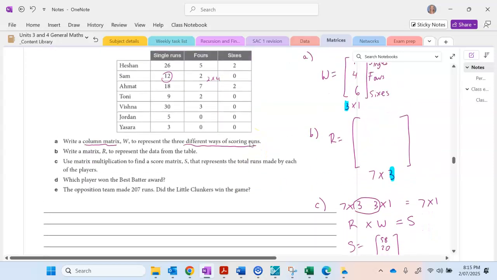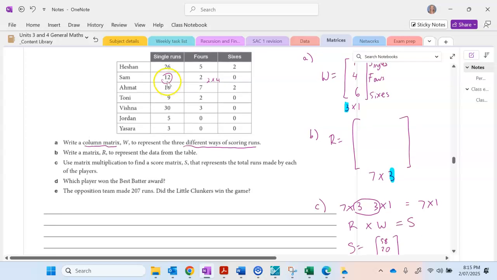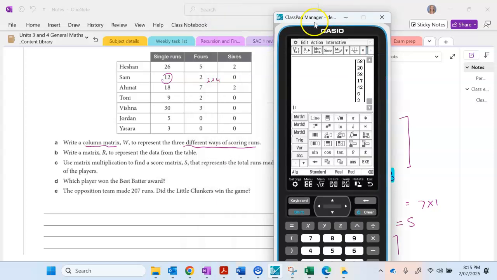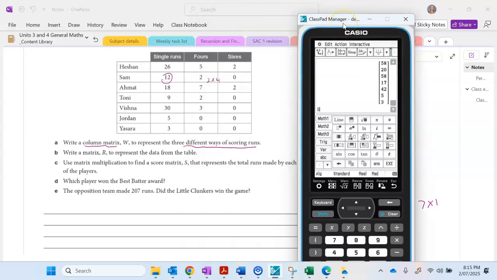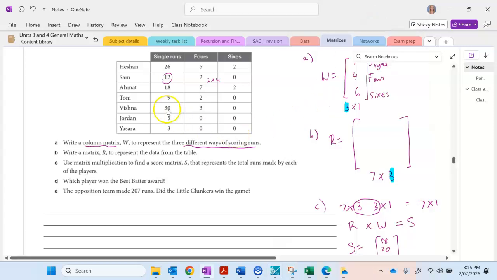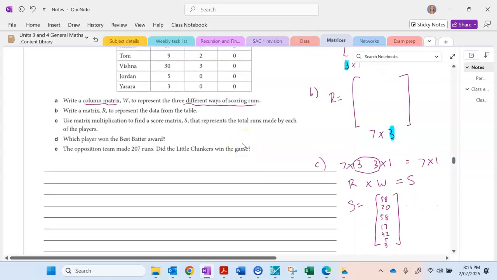So I had Hessian and Ahmet. 18, let's just check. 18 plus 7 times 4 plus 2 times 6, 58, okay. 26 plus 20 plus 12. All right, so they both got 58. No one got higher. Vishnu didn't get higher. No. All right, so I think I've done it correctly.